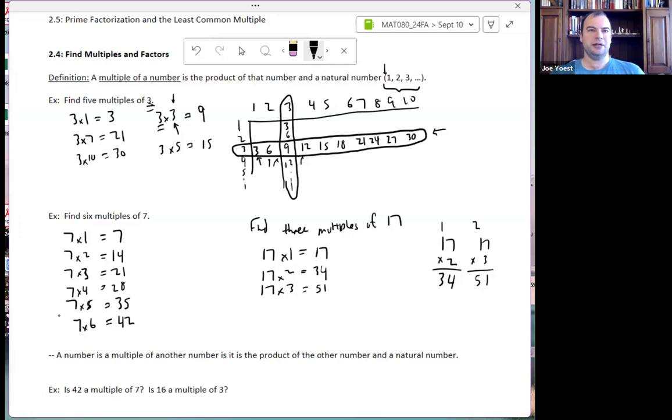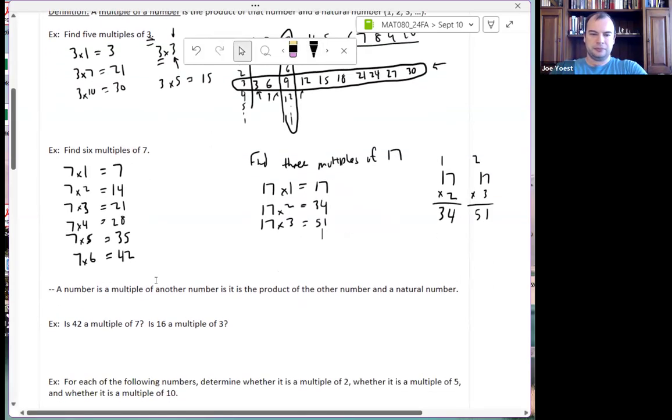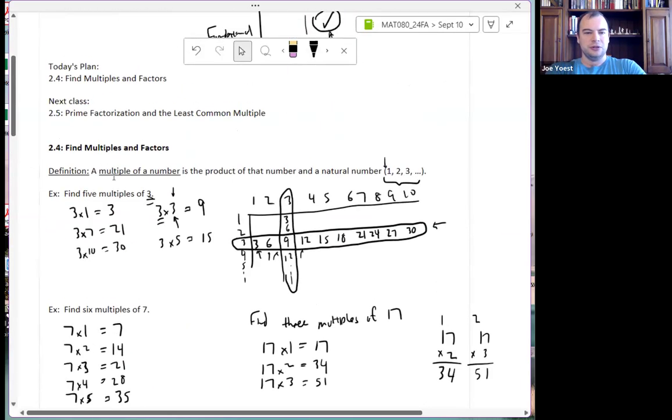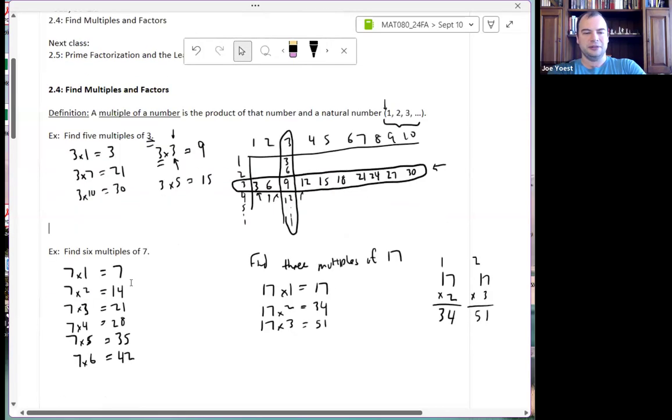So if I had a bigger number that I wanted to find multiples of, I could come up with a couple multiplications that I want to do, and then just go off to the side and work them out as needed. So if I want to find several multiples of a number, this is how I might go about it.